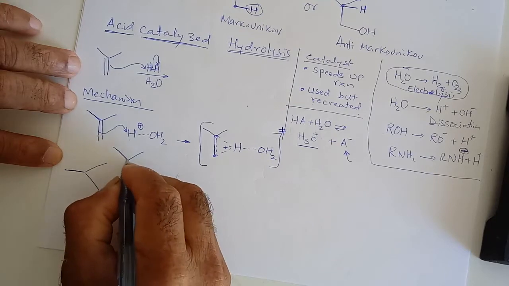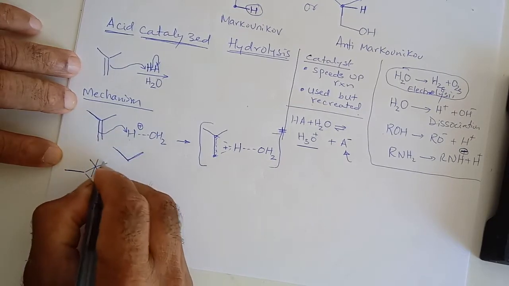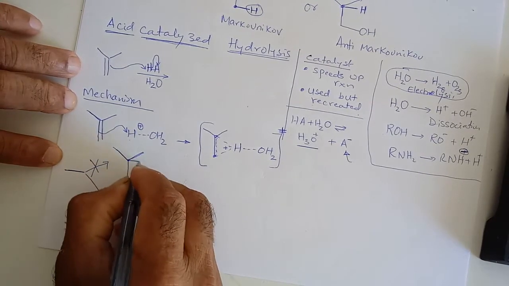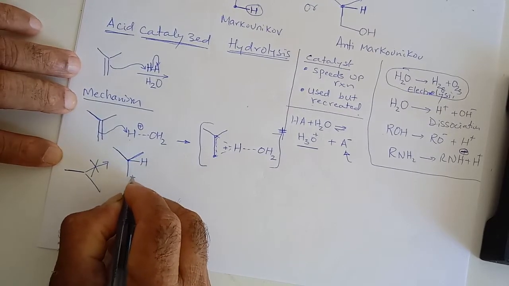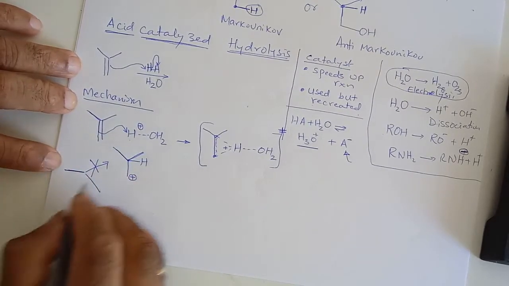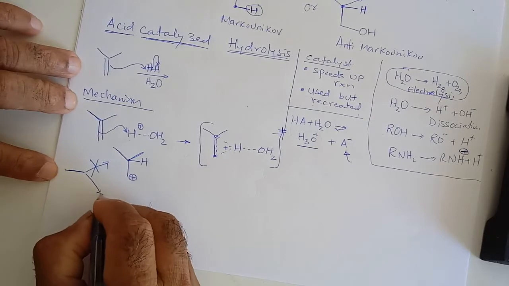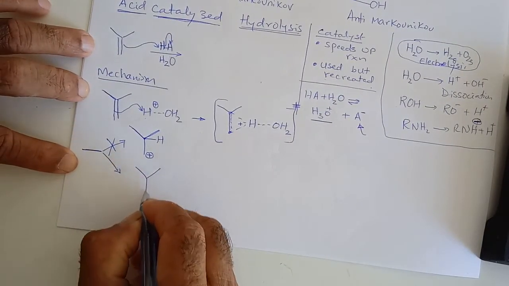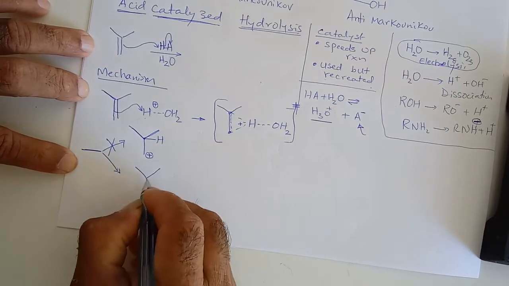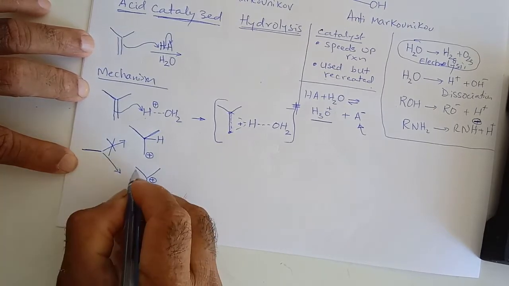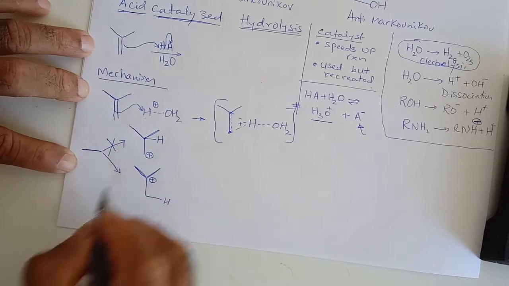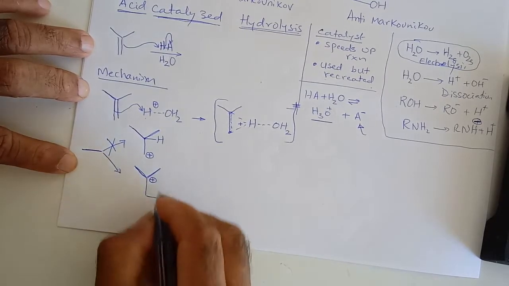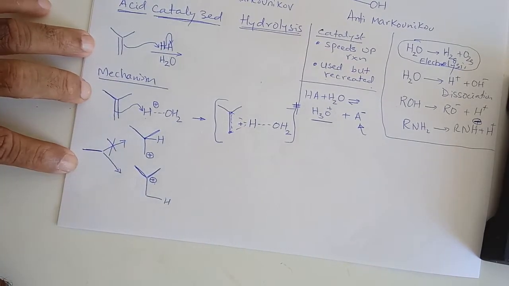Connecting H here, placing a positive charge here, will be crossed out. That's selected to be thrown out. Which one is kept for our further mechanism? Attaching H here and placing a positive charge here is our choice. This is a tertiary carbocation, this is a primary carbocation.